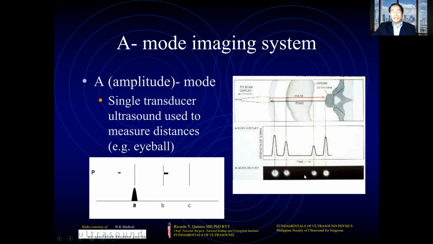You will see these bright lights on the ultrasound echo monitor. The main benefit of this is that you can measure the distances of these amplitude signals so that you will know what their relative distances are to each other.